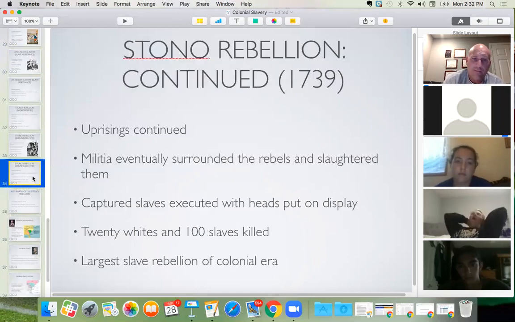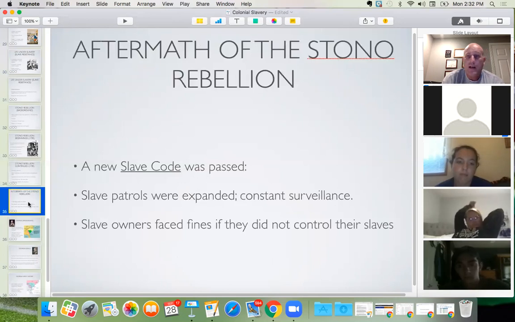First off, execution, heads on display. That's a pretty grave consequence. But the consequences of the Stono Rebellion made things worse for slaves in general in South Carolina and really throughout the South because these ideas spread. A new slave code was passed. Slave patrols were expanded.